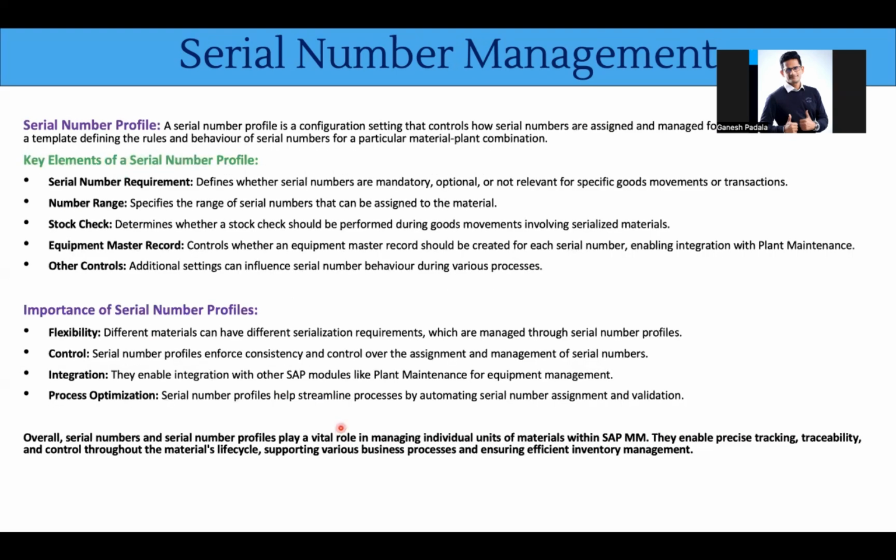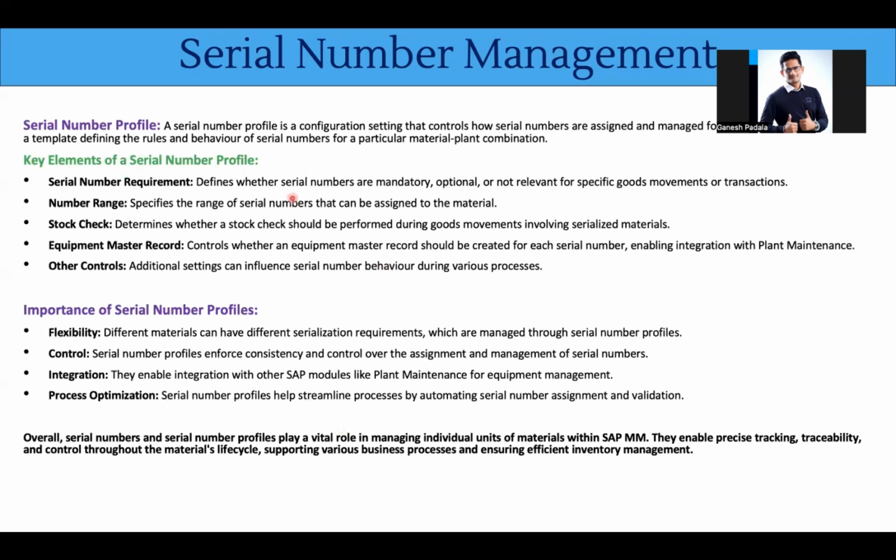So how do you define it? Serial number is master data, the element which you are going to assign to the material master. But how do you define which material is serial number managed? Because if you have 1,000 materials, you will have 1,000 serial numbers, right? So we need to assign a certain profile, that is the serial number profile.